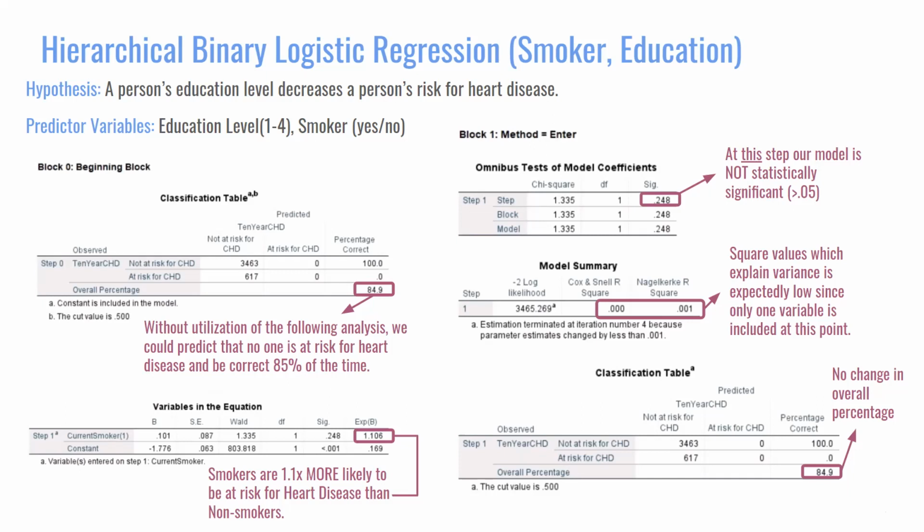The predictor variables used here are education level and smoker yes or no, with education levels 1 through 4. I do want to call out that we combed this data set high and low for what 1 through 4 was. It was coded 1 through 4, but there are no notes in the data dictionary. So at this point, I was like, oh God, what do we do?